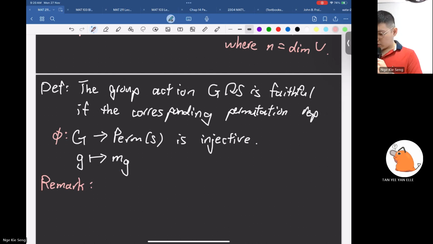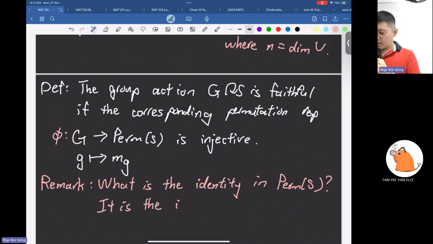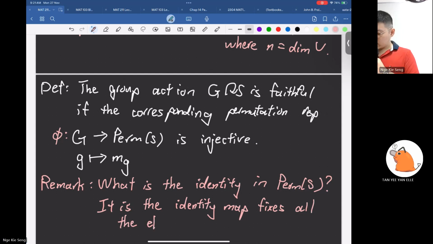So what is the identity in Perm(X)? It is the identity map that fixes all the elements in X.